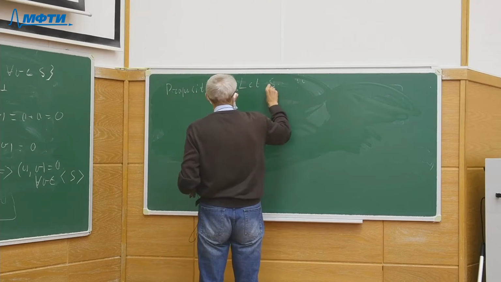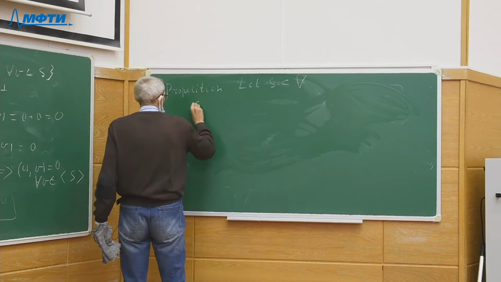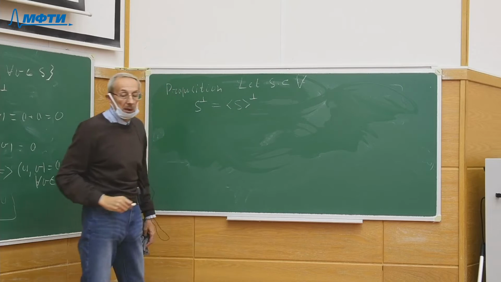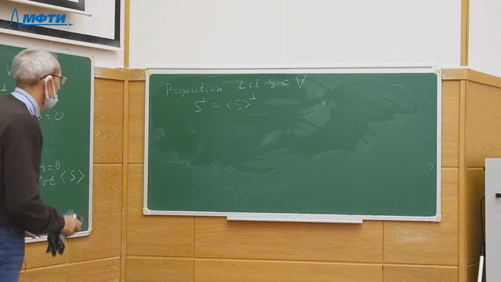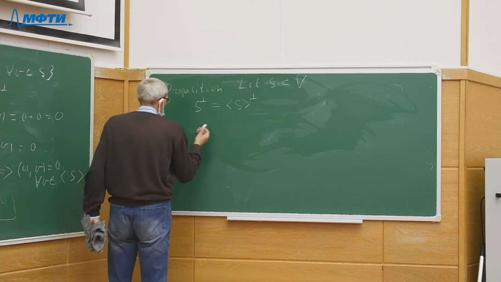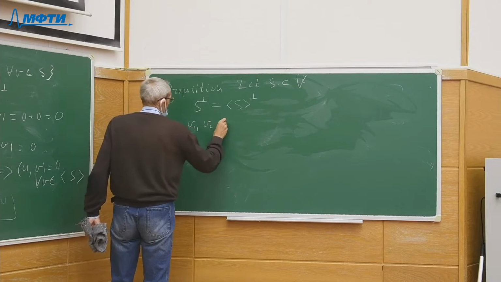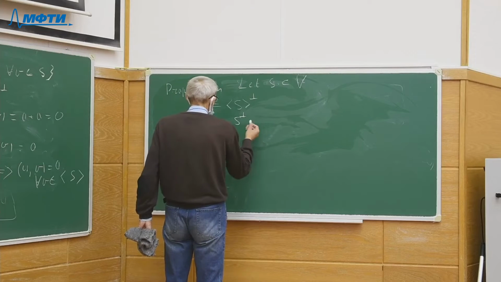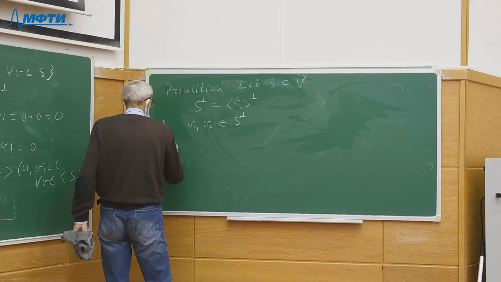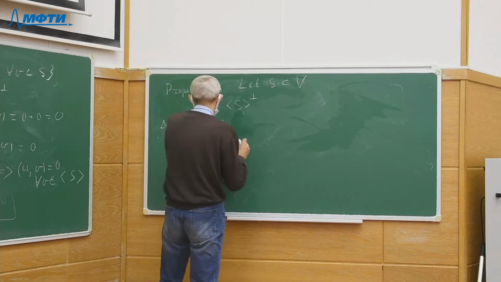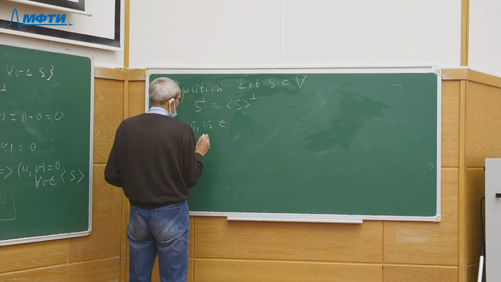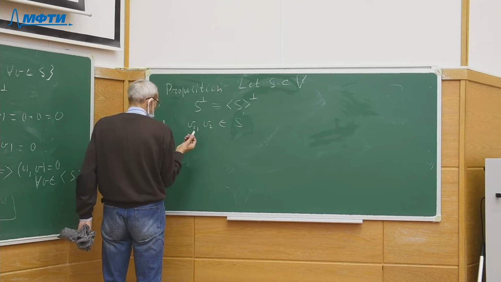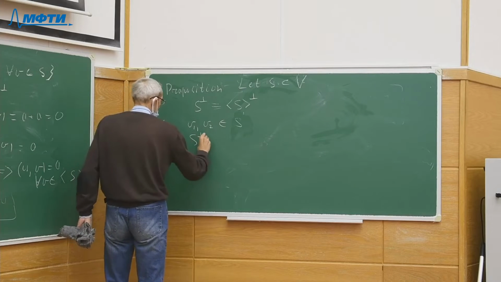Let S be some subset of the vector space V. Then S perpendicular is equal to the perpendicular of the linear span of S. It is easy to see that, let v1 and v2 be two vectors which belong to S, and let u be an arbitrary vector which belongs to S perpendicular.